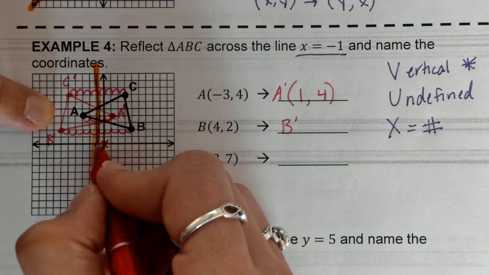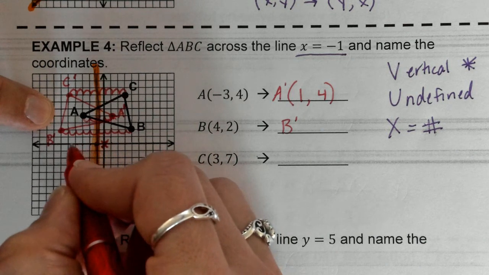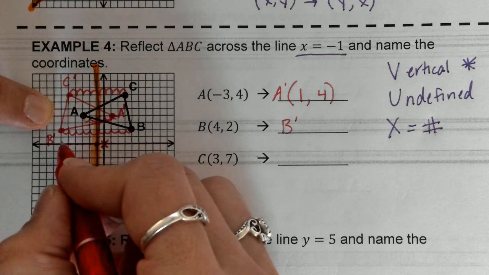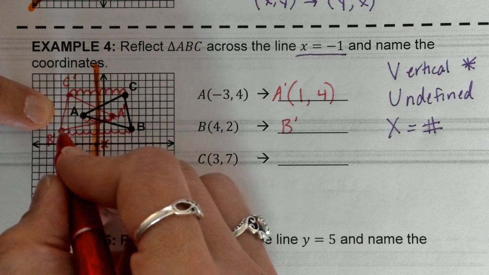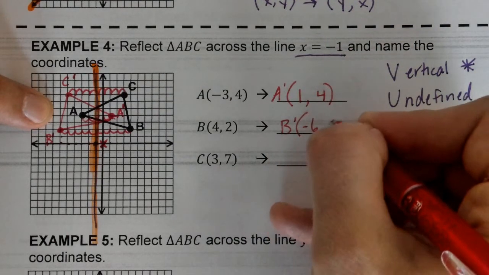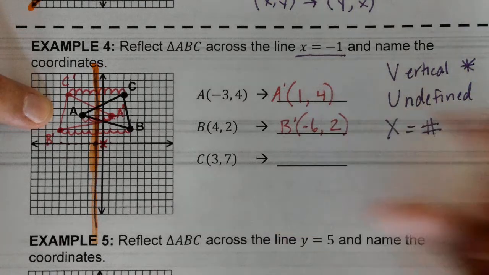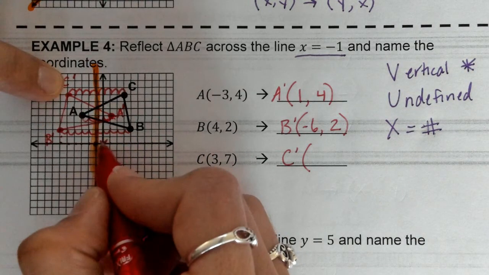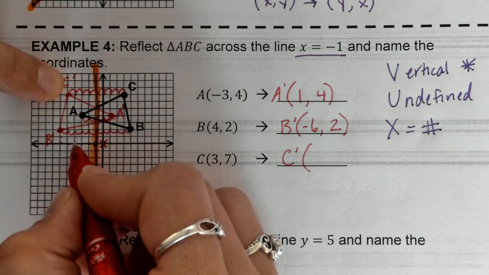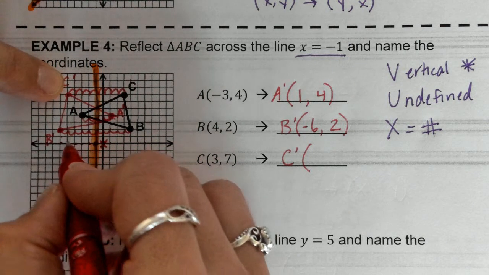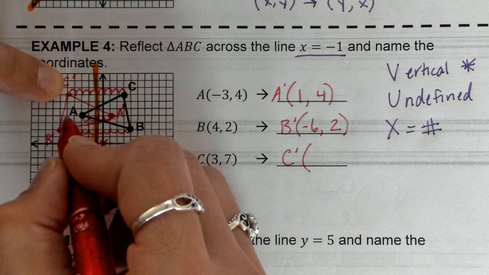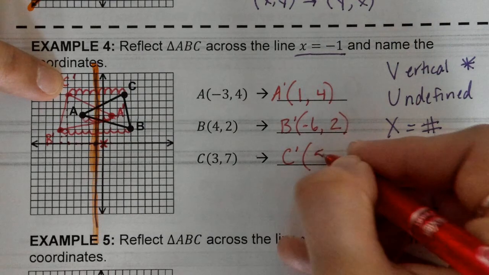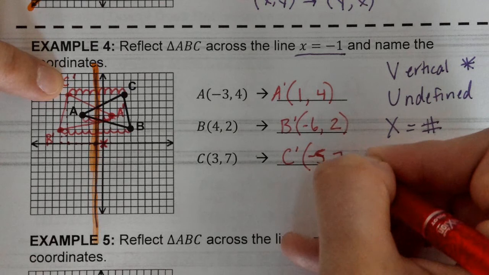We're going to go negative 1, 2, 3, 4, sorry, I lost count. Negative 1, 2, 3, 4, 5, 6, positive 2. So negative 6, positive 2. C prime, up here, we're going to go negative 5, positive 7.